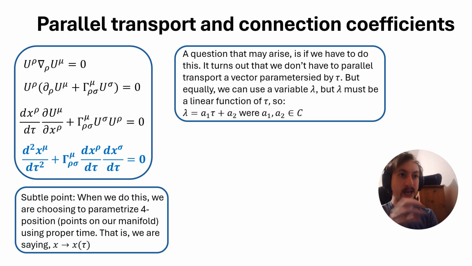Well, it turns out, if you look at the kind of freedom we have when getting to this geodesic equation, and the maths can be a bit complicated, so I'm not going to go through it too much, but essentially, we don't disrupt the form of this equation for the parallel transport of our four-velocity if we use a parameter which is essentially some linear function of proper time.